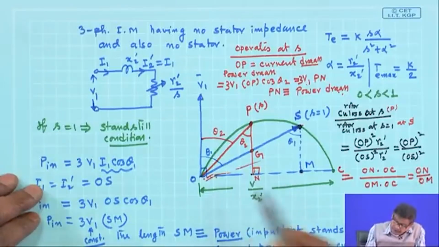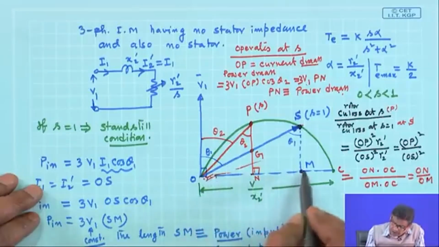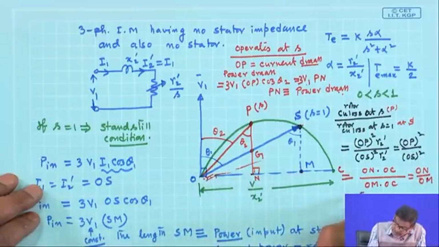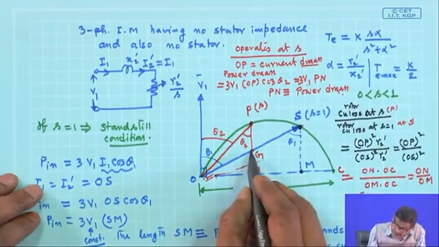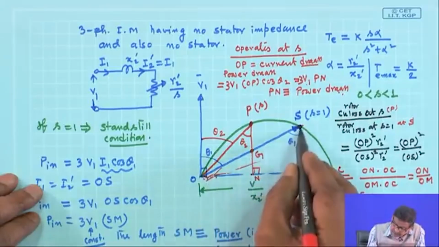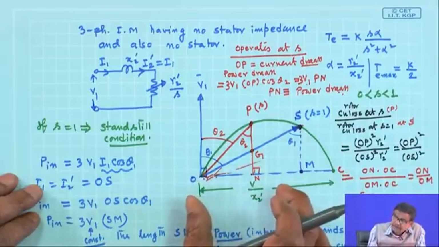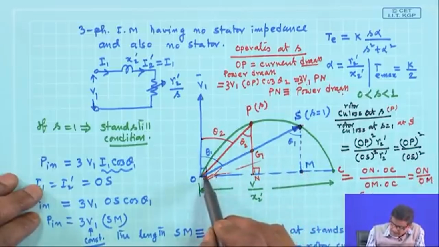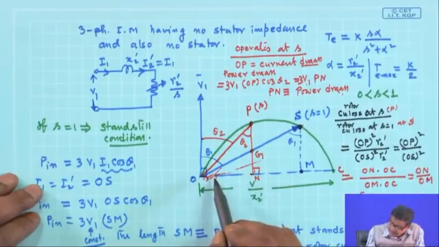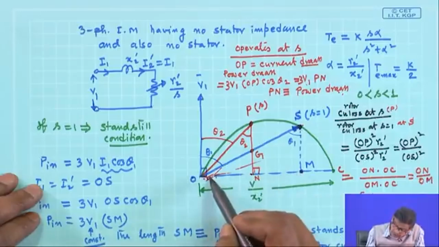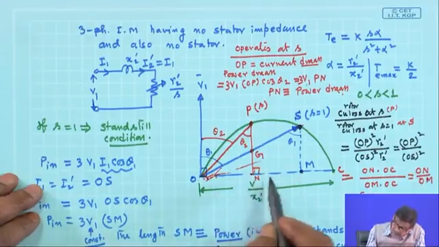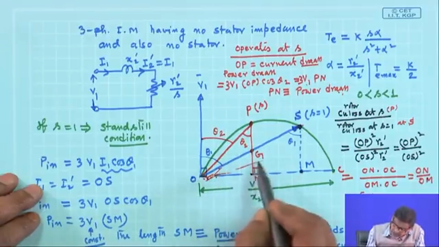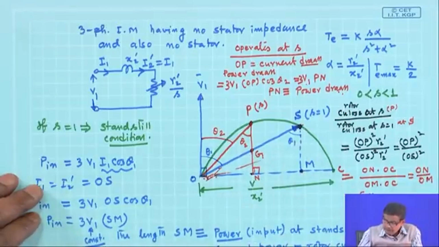Okay, that is fine. Now, this ON by OM is nothing but GN by SM, because these two triangles, this triangle and this bigger triangle, are similar for obvious reasons, these are parallel and things like that. So, in a triangle, this is to this will be equal to, GN by SM, because this is the common angle. Simple.